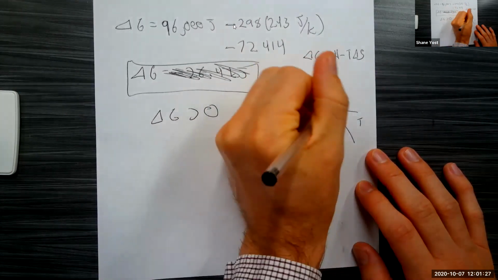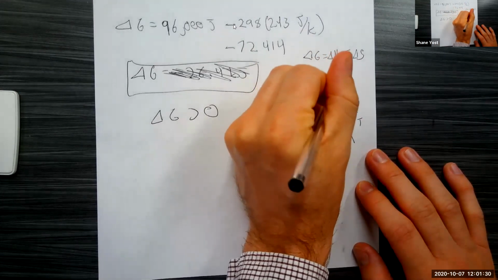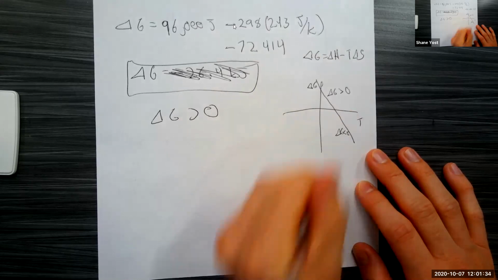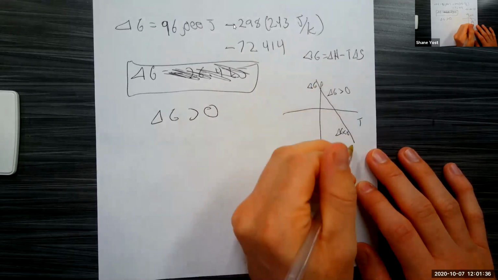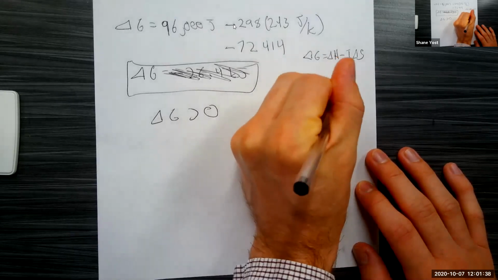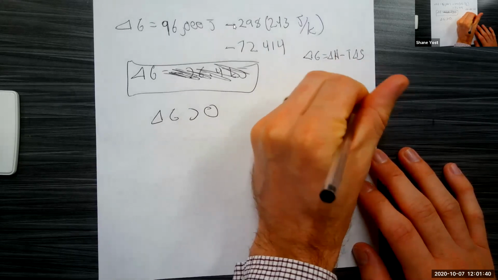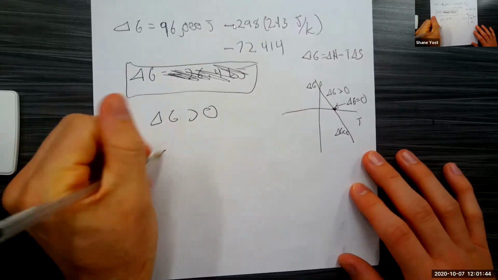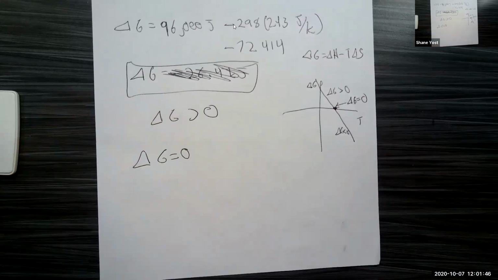It's going to have some region where delta G is greater than 0, and some region where delta G is less than 0. When I transition from greater than 0 to less than 0, there is a point where delta G equals 0. When the free energy change equals 0, that is the point where it transitions between spontaneous and non-spontaneous.